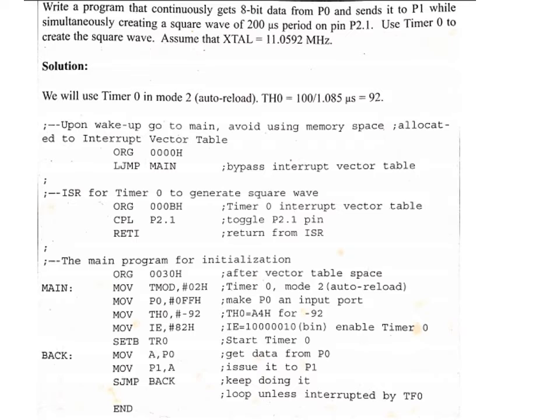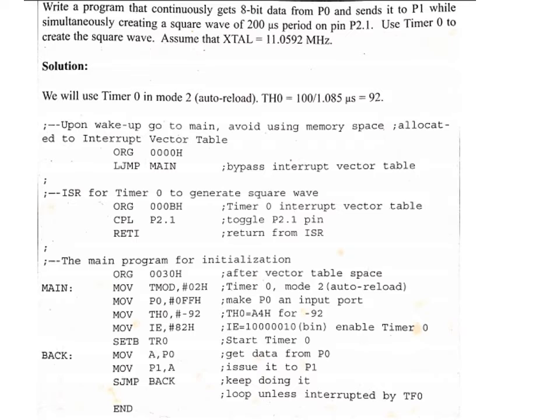Here the complete calculation is not shown, only the value of n. Previously we have discussed the calculation in the counters and timer chapter, that is module 4. Let us see how it is done. Timer 0 is used in mode 2, where the maximum value is 255.